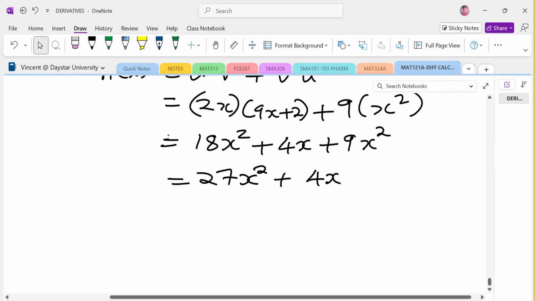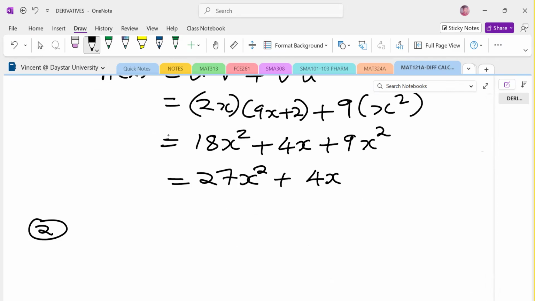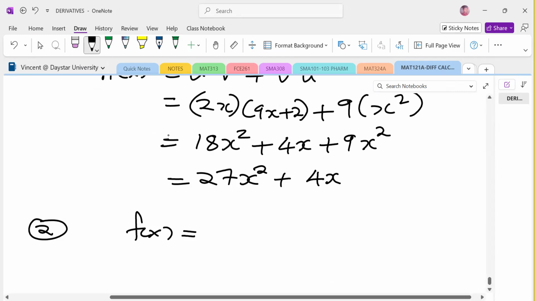Then example 2, consider the function f of x equals x squared times e power x.